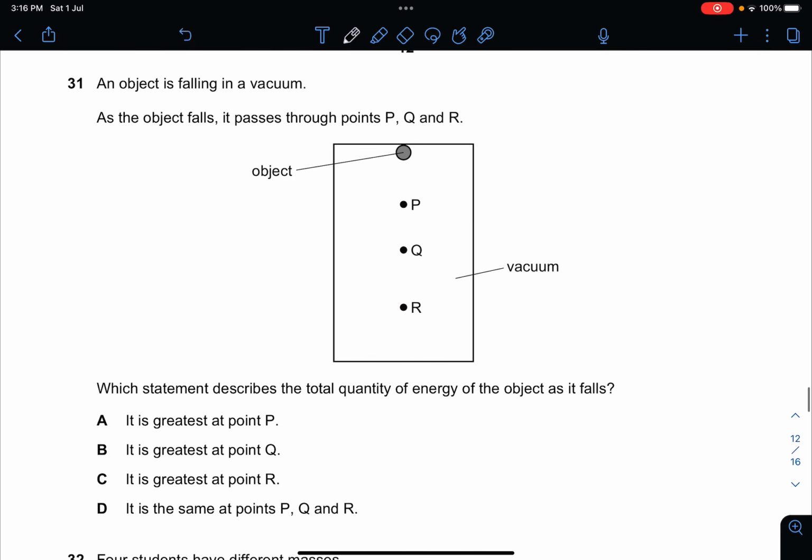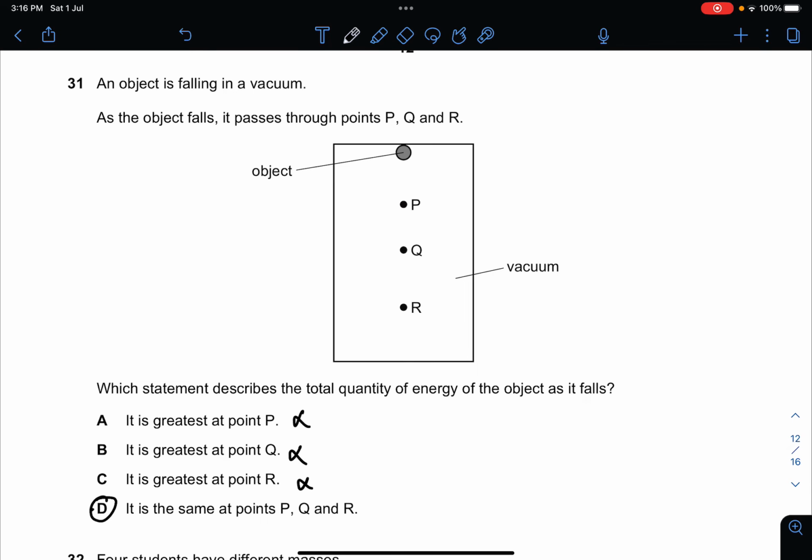Okay, the next question. An object is falling in a vacuum. As the object falls, it passes through points P, Q, and R. Which statement describes the total quantity of energy as it falls? It's greatest at P, cannot be. Greatest at Q, nope. Greatest at R, nope. It is the same at P, Q, and R, correct.